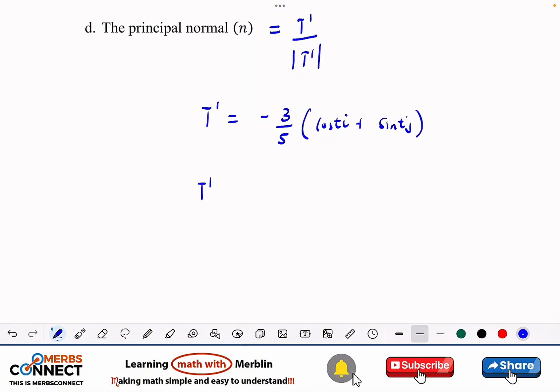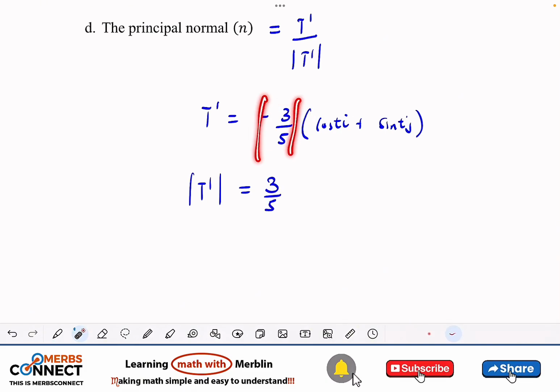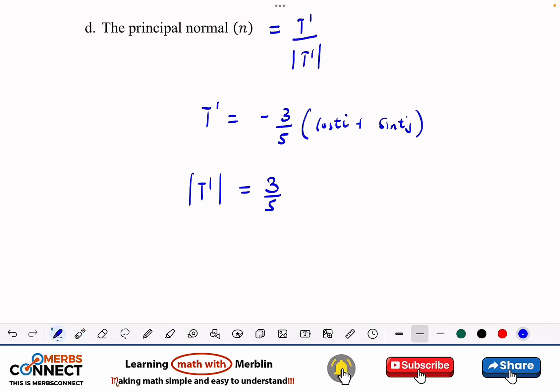So the magnitude of T prime is equal to, as I said, the same thing here. This is a scalar, so I'll just maintain the 3 over 5 because I'm finding the magnitude of this and it just gets positive. Then I'm finding the magnitude of this, which is the square root of cos squared t plus sine squared t.